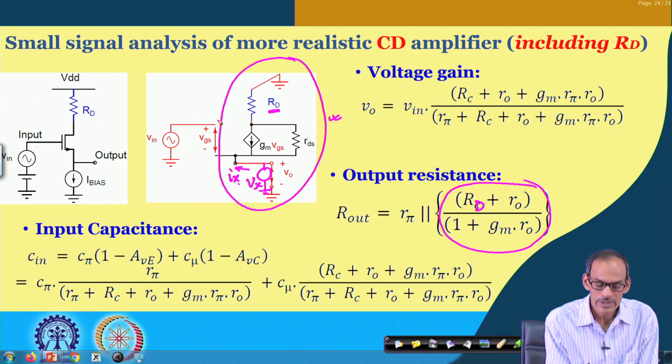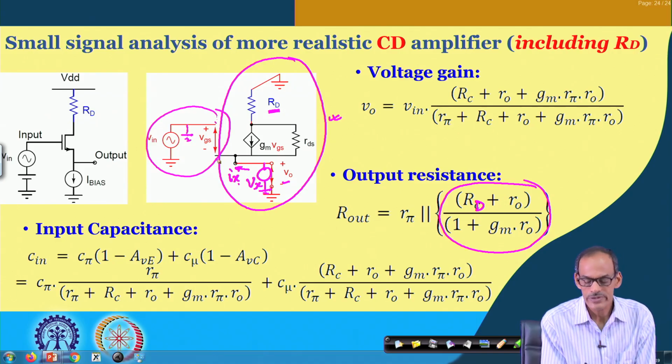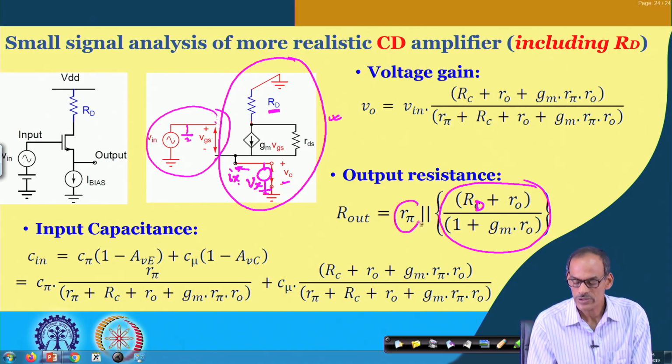Now, while you are considering this output resistance, of course, you have to make it ground, and since this R pi is very high, you can neglect this part and consider only this one.